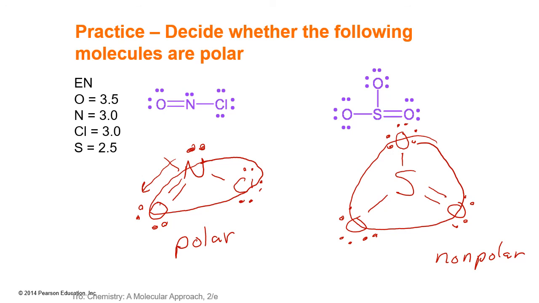This is a very symmetrical molecule. Those electrons are going to be pulled equally towards our oxygen, which is more electronegative. If we look at the shapes, this would be trigonal planar for sulfur trioxide, and our NOCl would be bent.